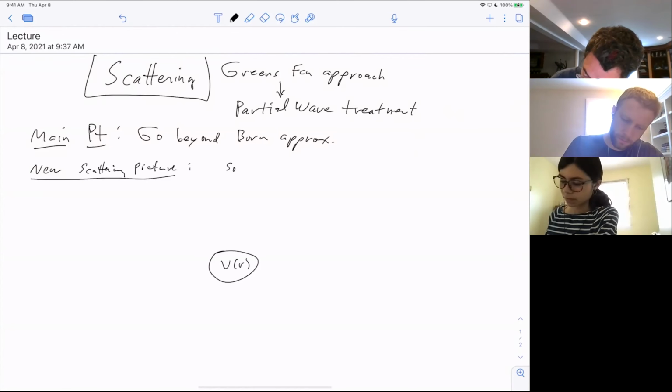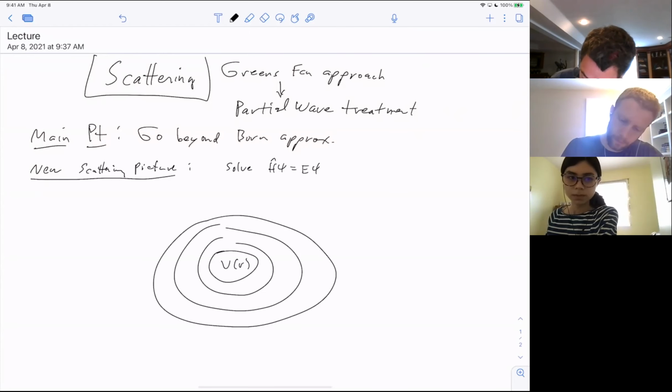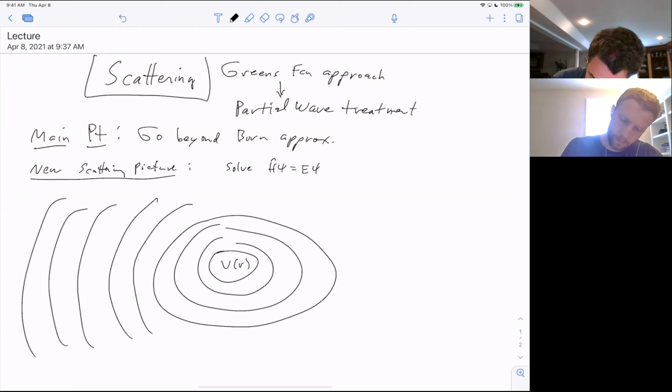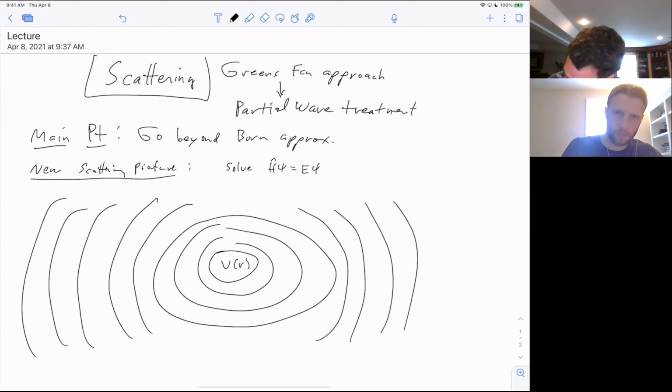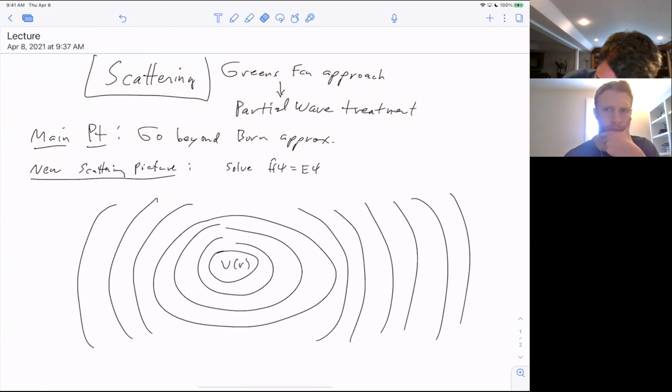Basically, everything is based on solving the Schrodinger equation, which is just that. So we solve it, and then we get an eigenstate for a particular energy. So at some energy, E, this is what the eigenstate looks like, just some big, weird, wavy thing.